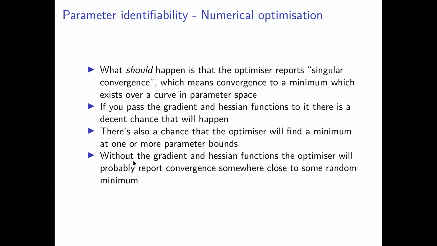So in that case, it will just report convergence and give you the parameter values at some minimum, even though there's no reason to choose that minimum over any other. It's just that without the gradient and the Hessian, numerical optimization just doesn't work that well.